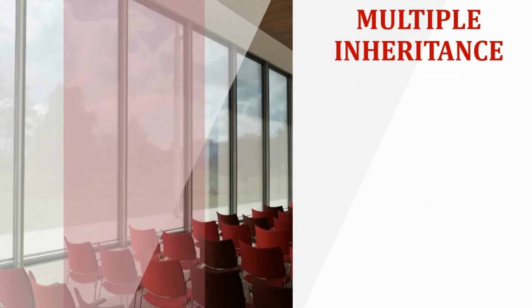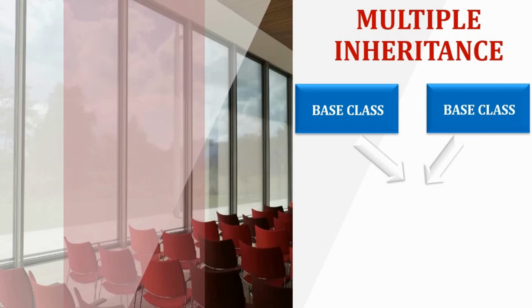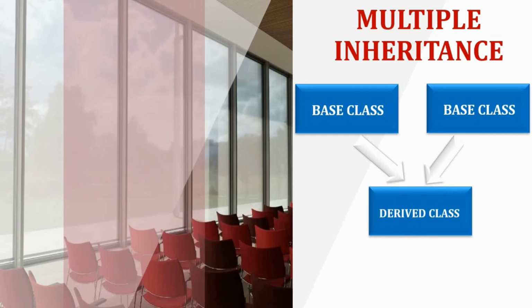Whereas the second type is multiple inheritance, right? If the class is derived from multiple base classes, that is considered multiple inheritance. For example, consider ice cream as your derived class. This ice cream is derived from the classes called milk, sugar, chocolates, right?